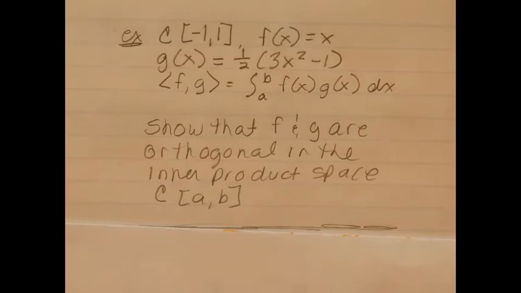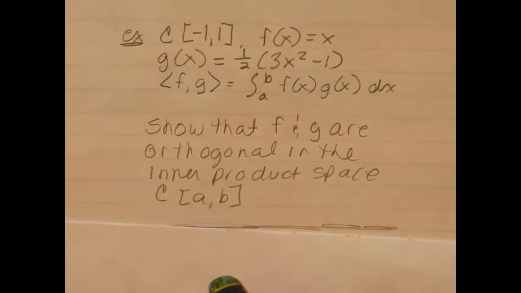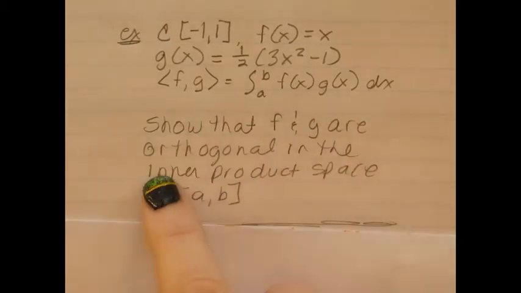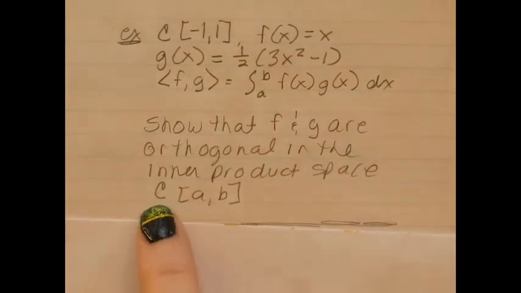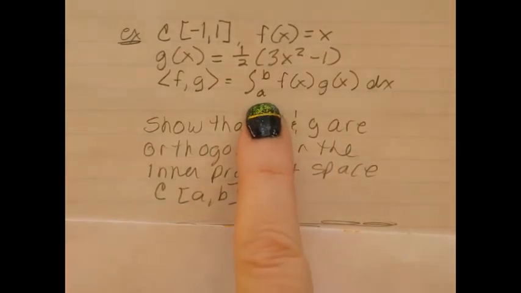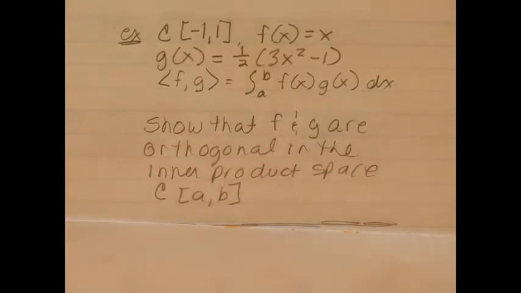Show that f and g are orthogonal in the inner product space. All right, some bounds between a and b. They said a and b, but they actually gave us the bounds, which were -1 to 1. But this is the generic setup. That is the reason why they said C is our bounds from a to b. They're referencing the formula they gave you.